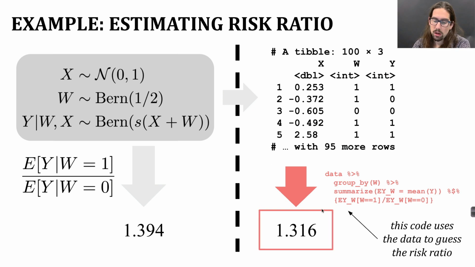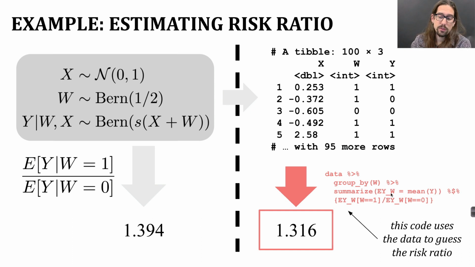And I'm saying, well, that's going to be my guess, whatever value comes out of this in my sample. And you can see, yes, they're different, but in this example they're actually pretty close. So this code is the estimator. You start with the data, and at the end, you get a number.